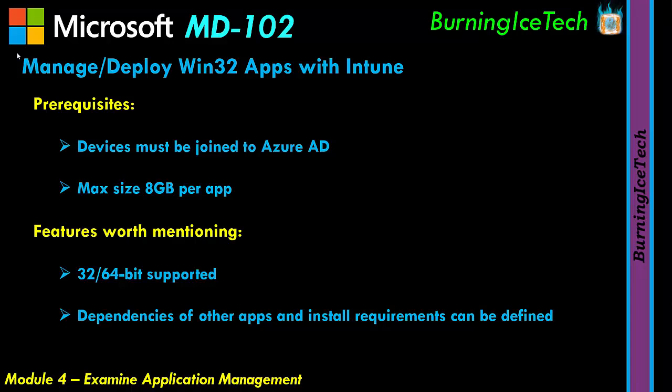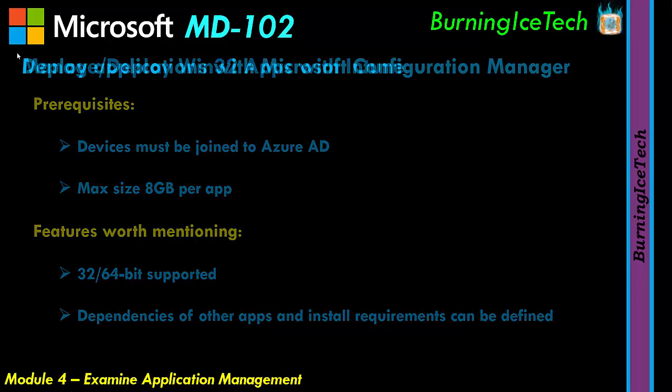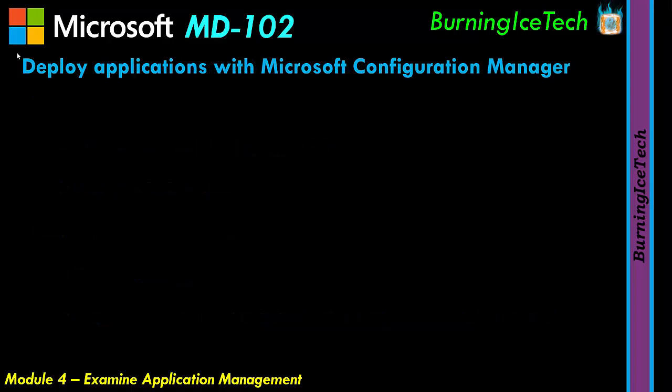Alrighty, now that we've talked a bit about the old Win32 apps, let's talk about deploying applications with Microsoft's Configuration Manager. As you can see, we're going through various ways of deploying your various different types of apps at the moment.